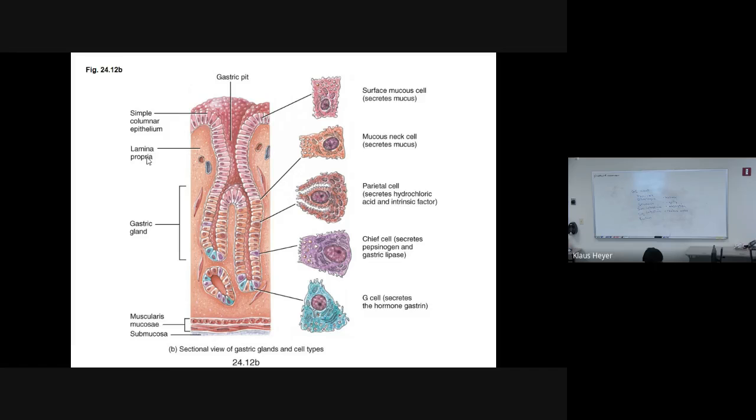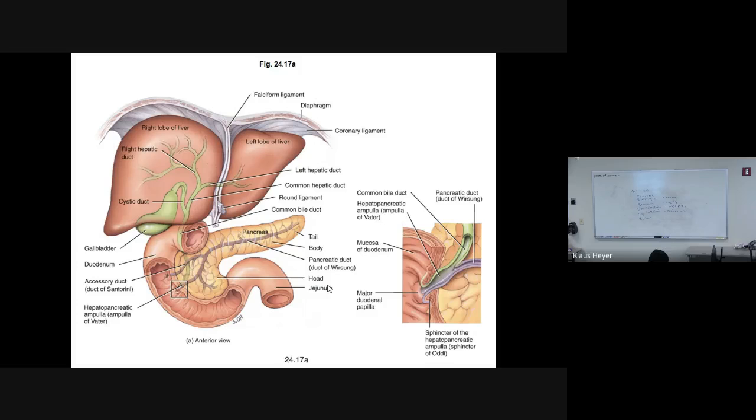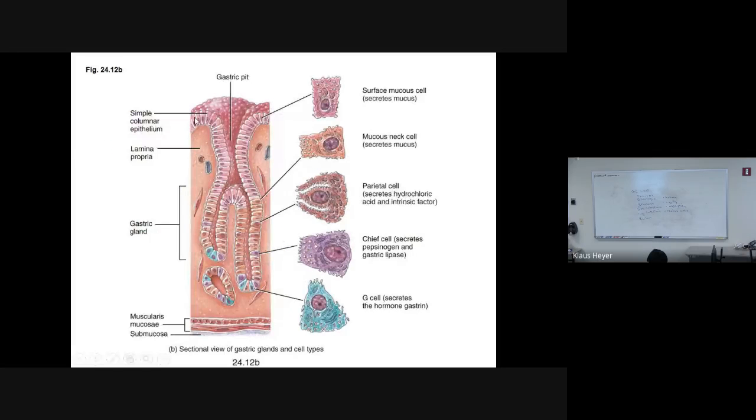You're not even going to think about it. You're just going to instinctively know. It's this layer that's sitting underneath the epithelial tissue, right underneath the lining of your whatever. You're going to find lamina propria. Right now, you're just trying to keep up with words. So that's what the stomach does.